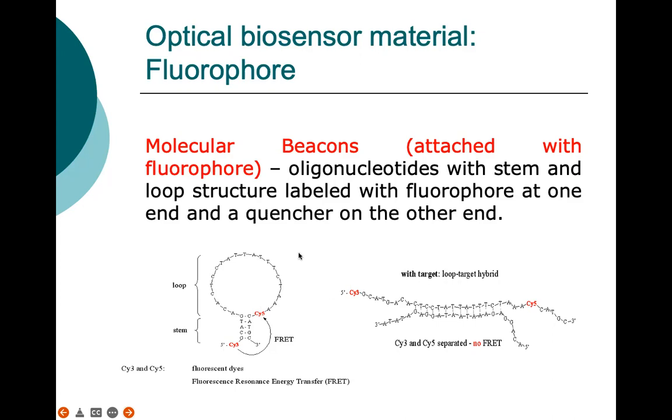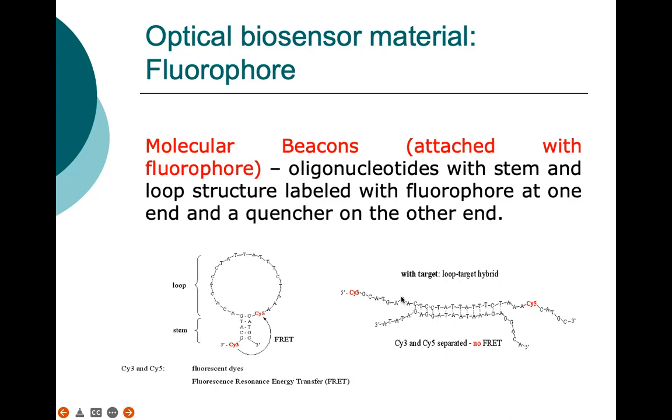So let's say this molecular beacon is exposed to samples that contain a series of DNA of interest, the target that you want to analyze. What happens is that the shape of the molecular beacon, instead of remaining as the round shape, will spring open automatically because of the reaction between ATCG.